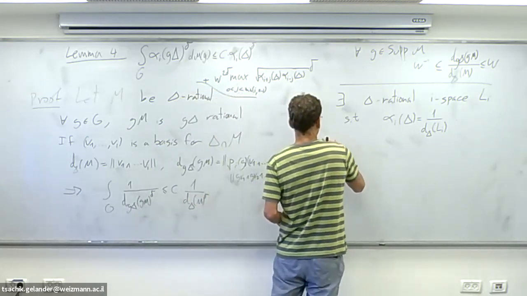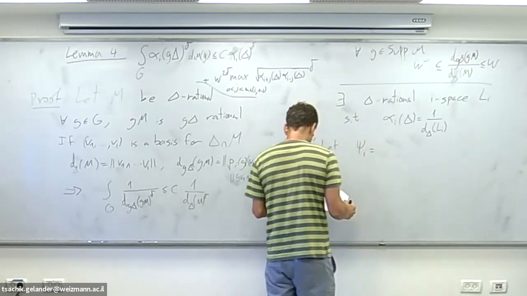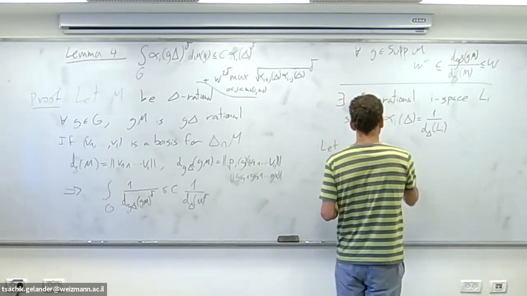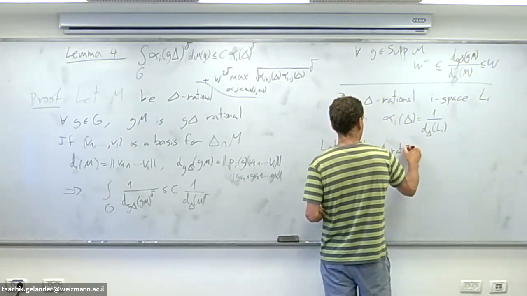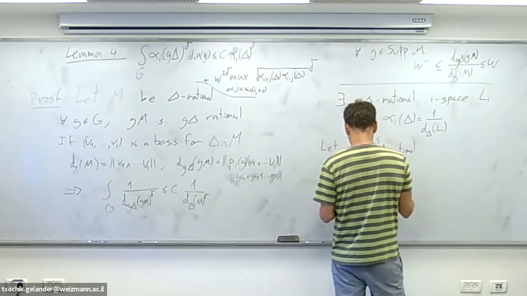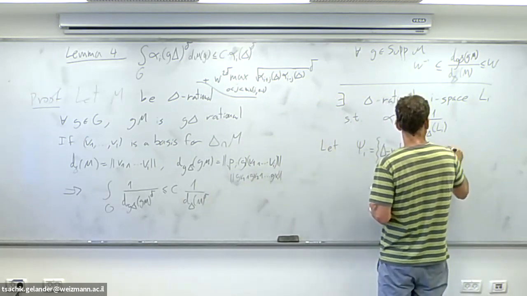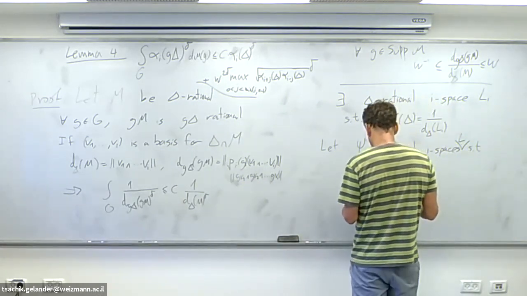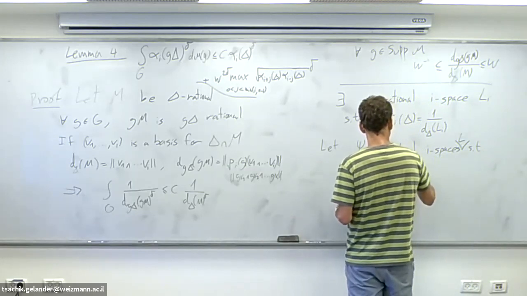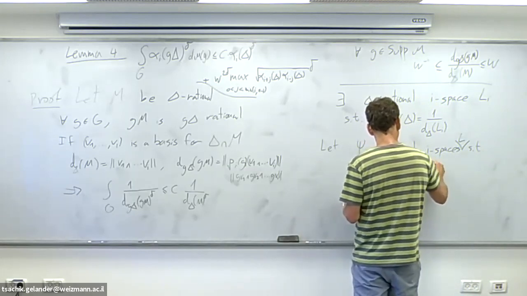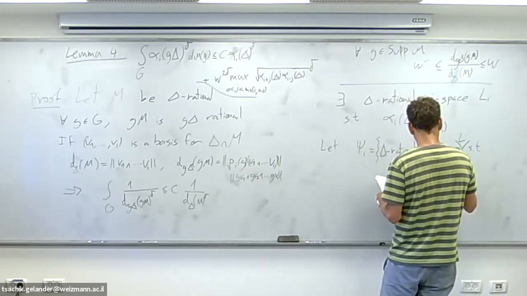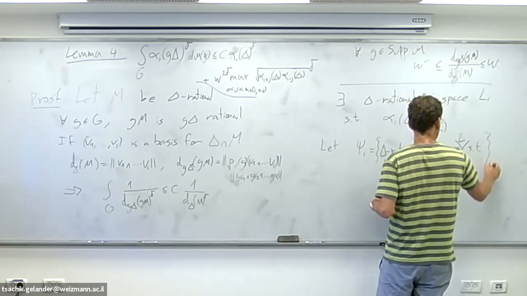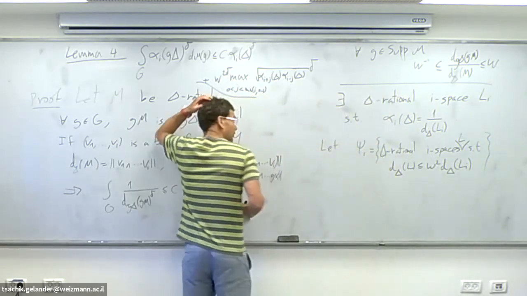Let's define the following set: psi i is the set of all delta rational i-spaces L such that d delta of L is less than omega squared d delta of Li. Okay, this could be a singleton or some finite set.